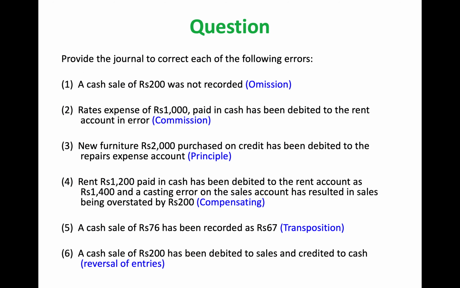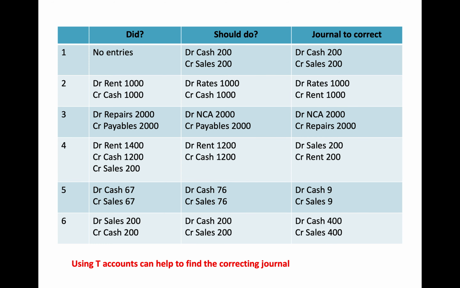Rent 1200 rupees paid in cash has been debited to the rent account as 1400, and the costing error on the sales account has resulted in sales being overstated by 200 rupees, and this is a compensating error. What they did, they debited rent 1400, credited cash 1200, and credited sales by 200.